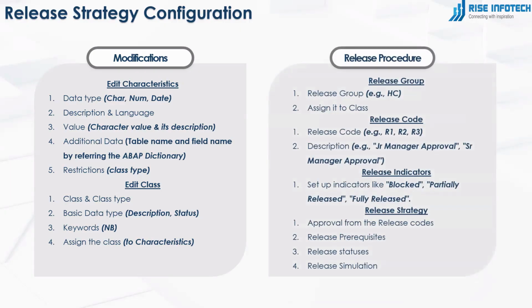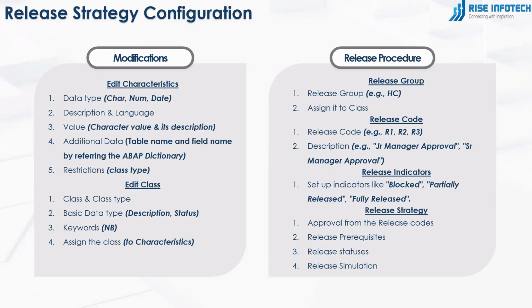So next is release procedure. We have 4 steps in this. So that is release group. So release group is the group of people, the department which is responsible for the approval of the PO, and we can assign this release group to a class. Then release code.